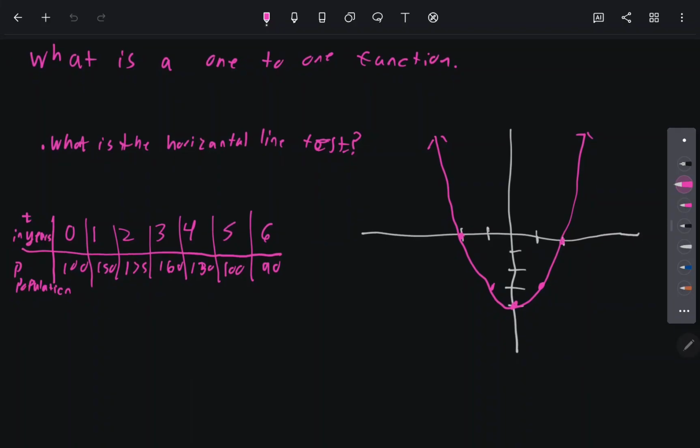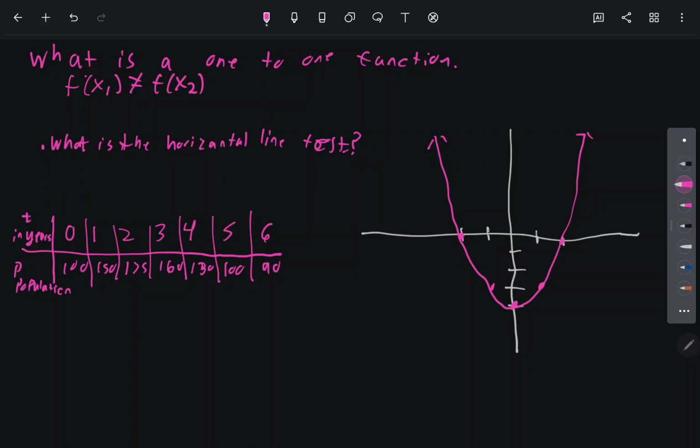So, what is a one-to-one function? Let's start out there. A one-to-one function is a function that has the property that no two f of x's, so f of x1, can never be equal to another f of x. And how can we tell this, really?